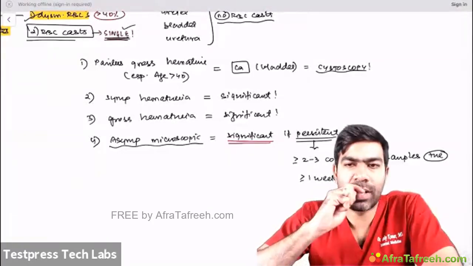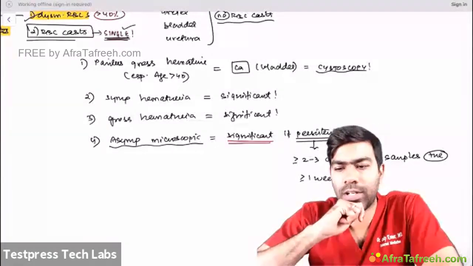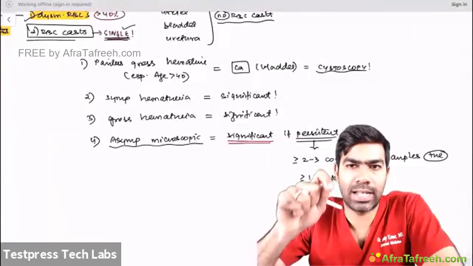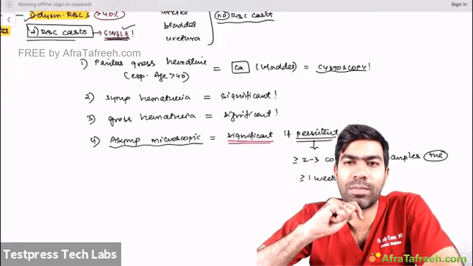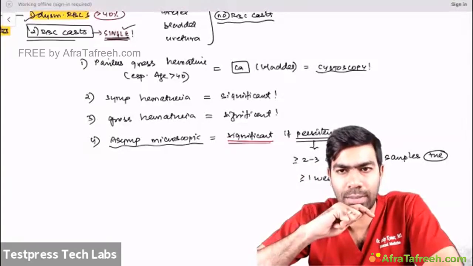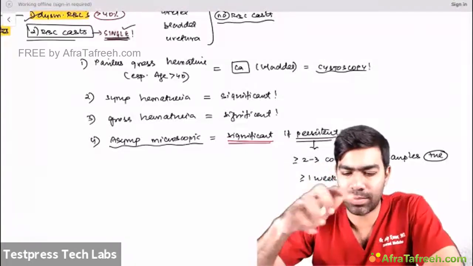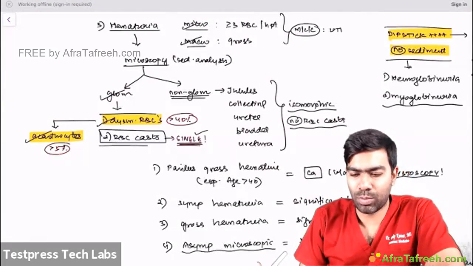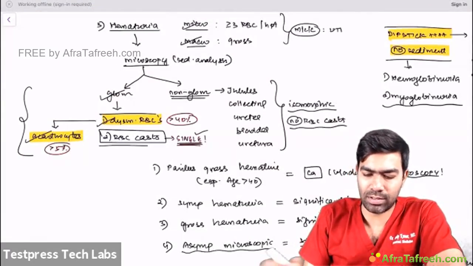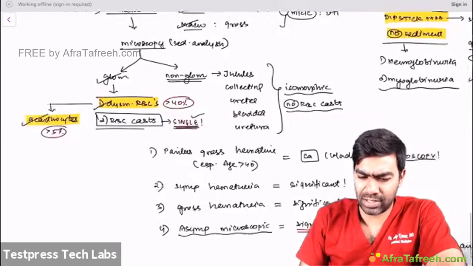No, that does not become an indication for renal biopsy. Remember, hematuria alone as an indicator for renal biopsy has very poor sensitivity to pick up some disease, so you don't really do it. I'll tell you the indications for renal biopsy after some time. These are the points you have to really know about hematuria, especially the dysmorphic RBC section, which is very, very important as far as exams are concerned.